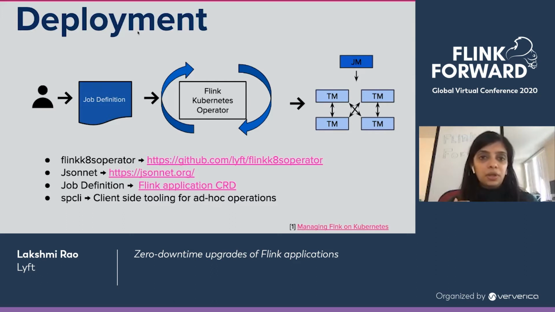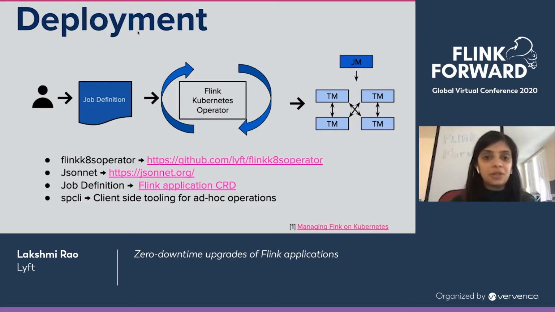To begin with zero downtime upgrades, it's good to have context on how a deployment on Kubernetes actually works. As a user of our platform, you might define your job in what we call a job definition or a custom resource definition. And we use a templating tool called JSONet to allow users to write this job definition.